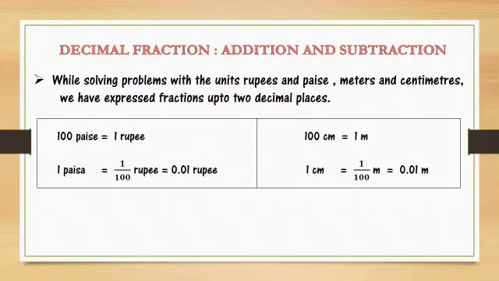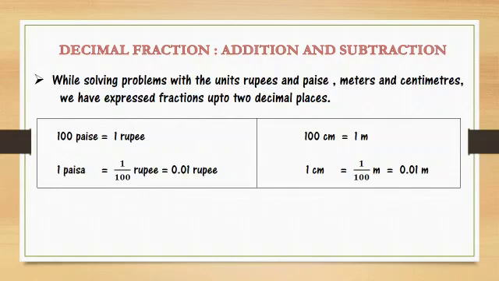Decimal fraction, addition and subtraction. While solving problems with the units, rupees and paise, meters and centimeters, we have expressed fractions up to 2 decimal places. For example, 100 paise is equal to 1 rupee. 1 paisa is equal to 1 upon 100 rupee, equal to 0.01 rupee.